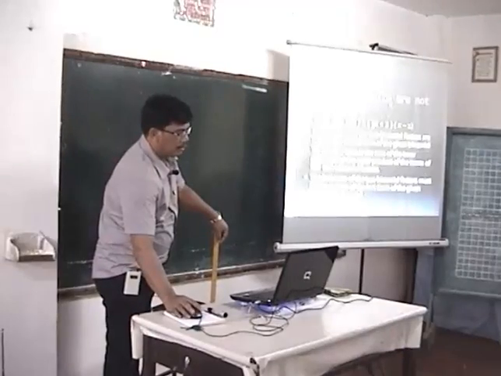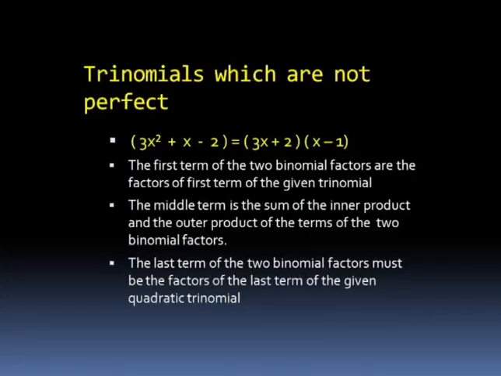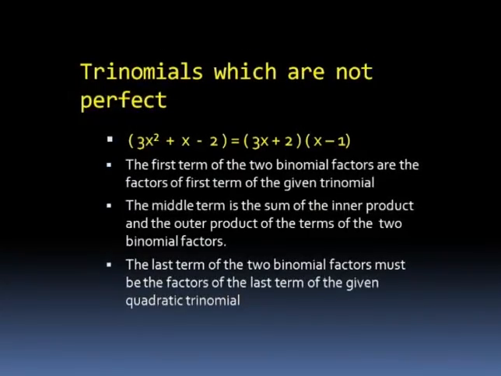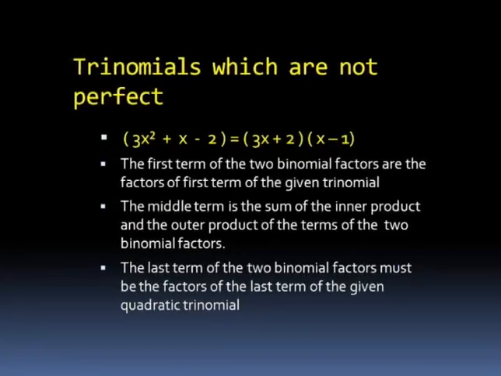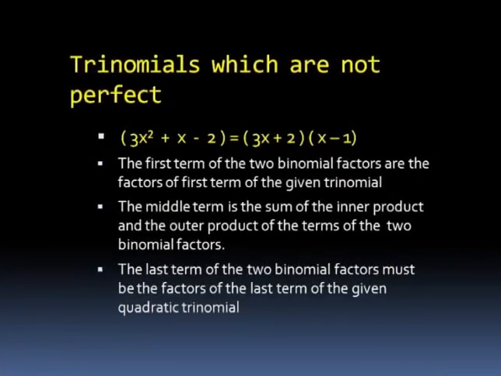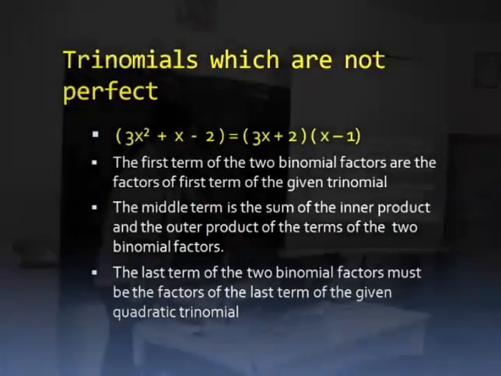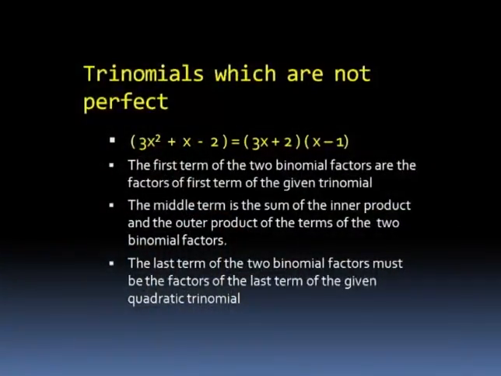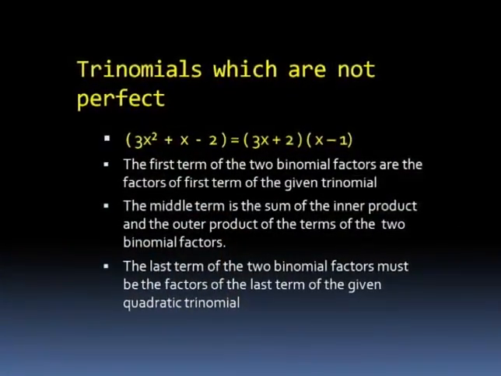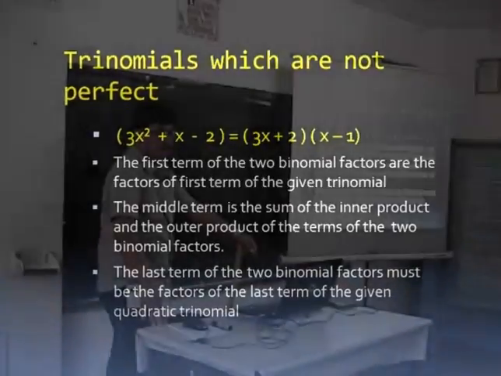Okay. For a trinomial which is not a perfect square, how is it done? These are now the procedures. The first terms of the two binomial factors are the factors of the first term of the given trinomial. The middle term is the sum of the inner product and the outer product of the terms of the two binomial factors.